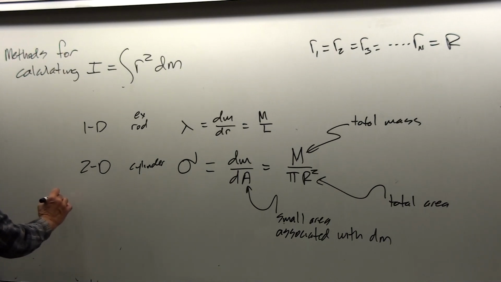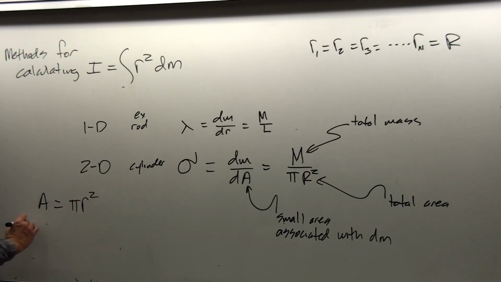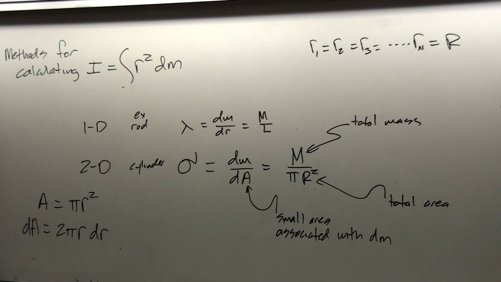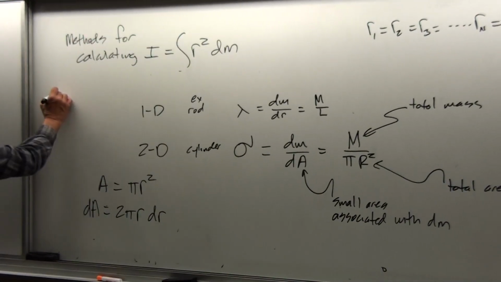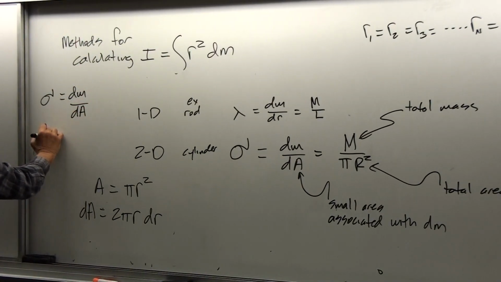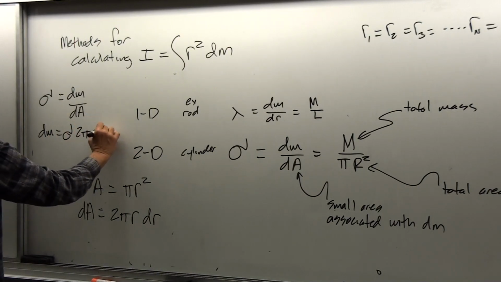Well, we know that the area is equal to pi r squared. So d area is going to be equal to 2 pi r dr. Okay. And so if that's the little bit of area, and sigma is mass over area, then dm is going to equal sigma times 2 pi r dr.